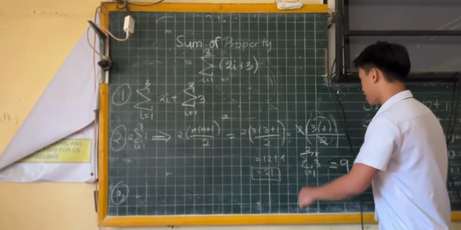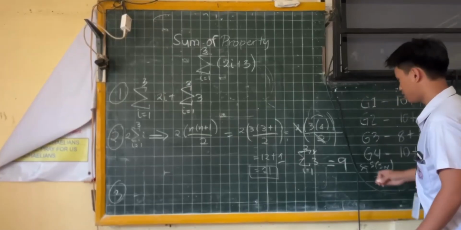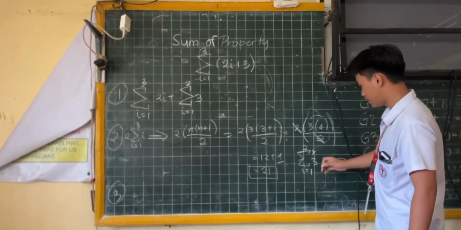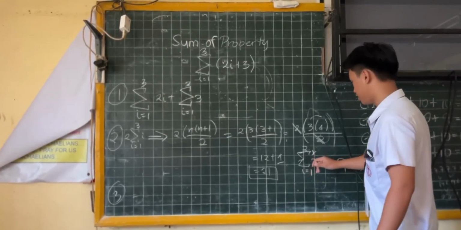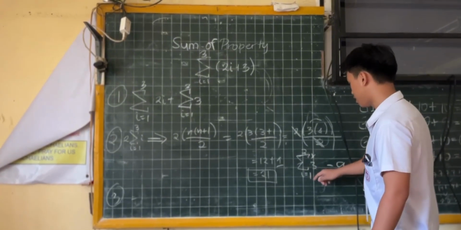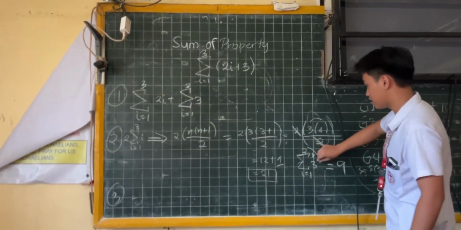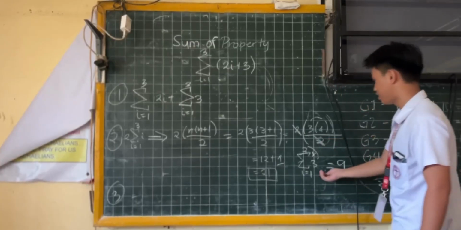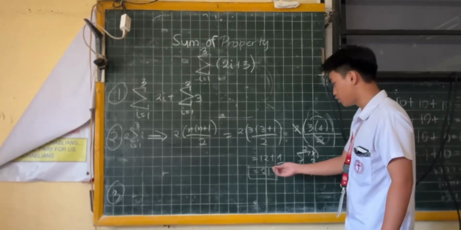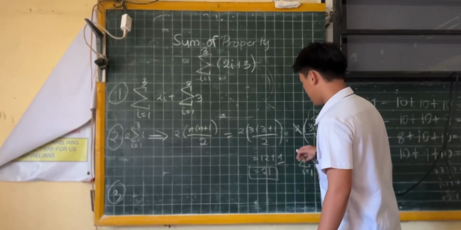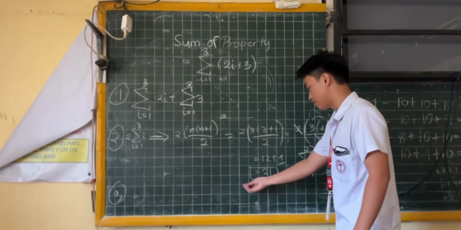So where did I get this 9? I get this 9 from the summation of 3 where i equals 1 to 3. So I multiply it and the result is 9. And next, we need to add the 12 plus 9, and the final answer is 21.